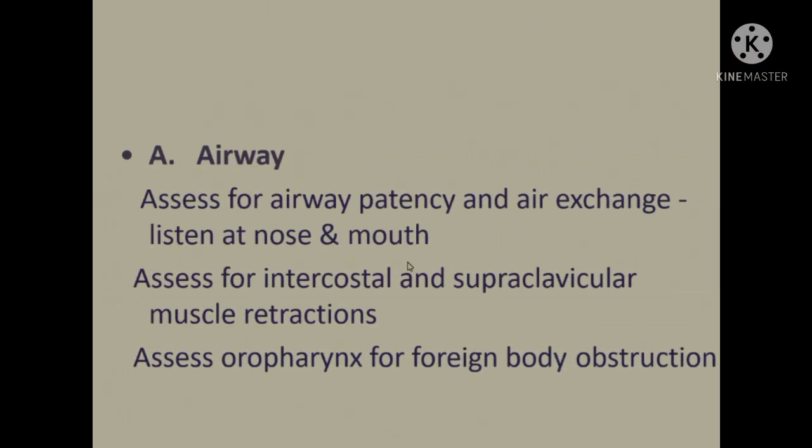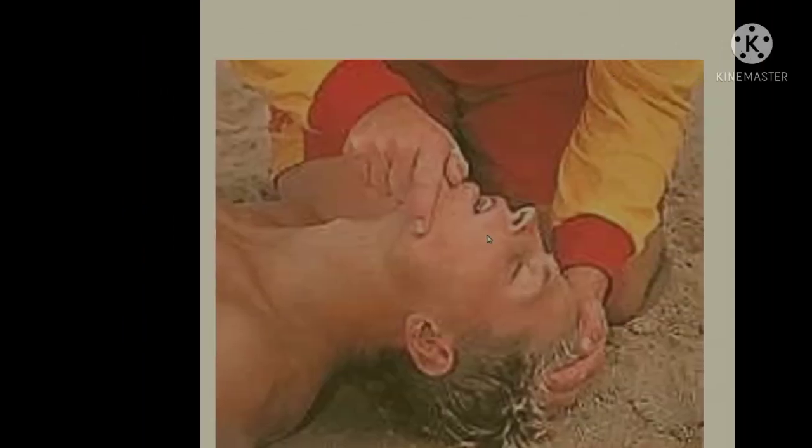Following the ATLS guideline, looking at the airway is the first step, and we notice 3 points. The first one is airway patency and air exchange. We listen at the nose and mouth for breathing. We assess for intercostal and supraclavicular muscle retractions, and we assess the oropharynx for any foreign body that needs to be removed.